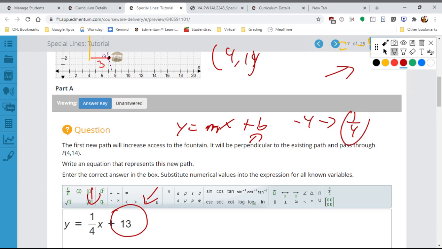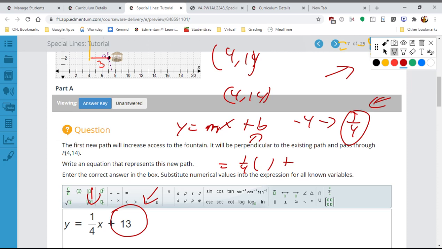Well, I already have my rise over run, Hector, so yeah, that's a good start. And I know I want to include this 4 and 1/4. So I already have my rise over run. But how do I find this b? Does anybody remember how I find the b?